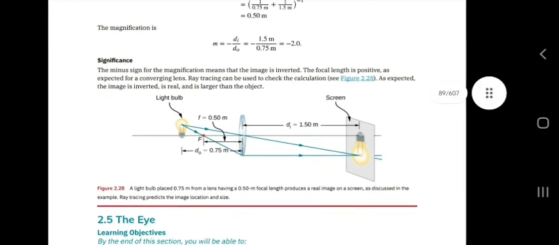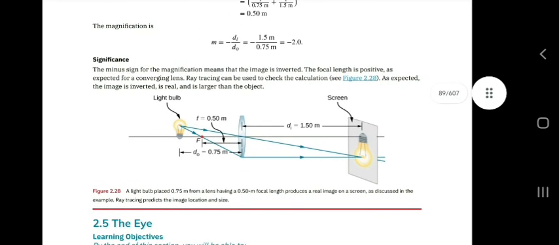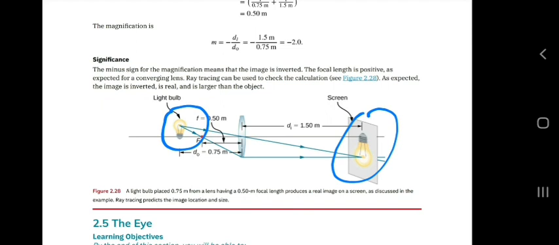As we can observe in this figure, it looks inverted. The bulb is here, and when we get to the screen, naka-inverted na siya or naka-bali na siya.